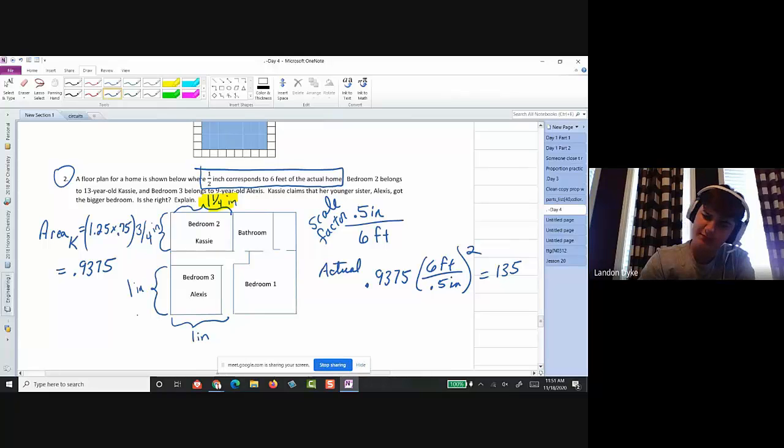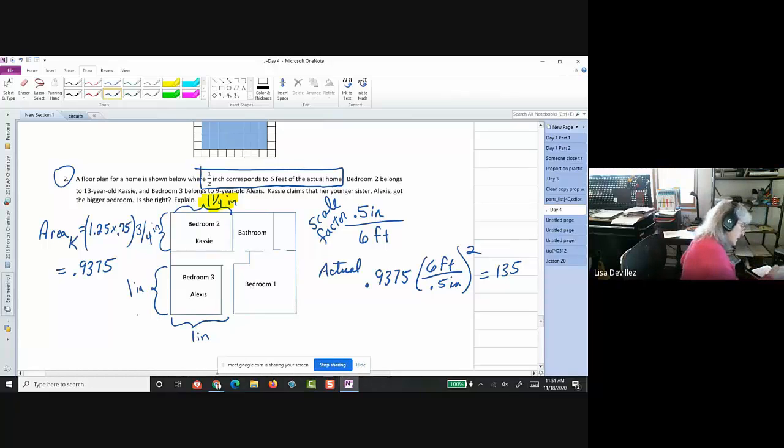All right. Well, let's do it the other way then. Let's look at the individual dimensions. If I have 1.25 inch over X, my length would be 1.25 times 6 divided by 0.5. That means this dimension comes out to be 15 feet.